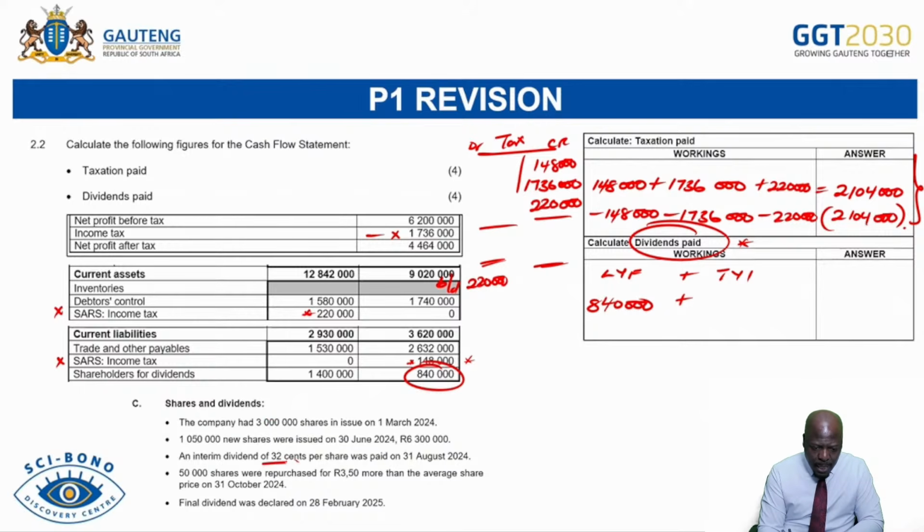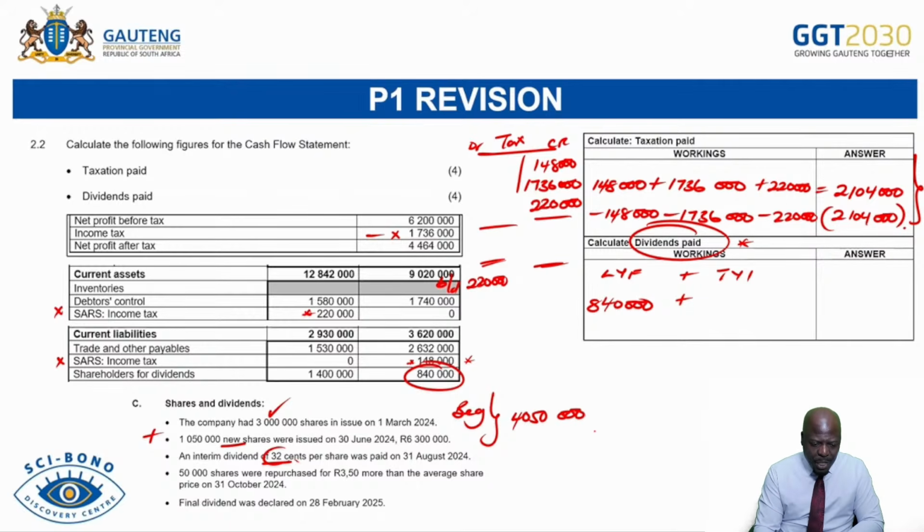Then we are told an interim dividend of 32 cents per share was paid. How many shares are we having on this day? We were told the company had 3 million shares on 1 March. That is the beginning. Then they added 1,050,000 new shares. So that means they ended up with 4,050,000 shares.